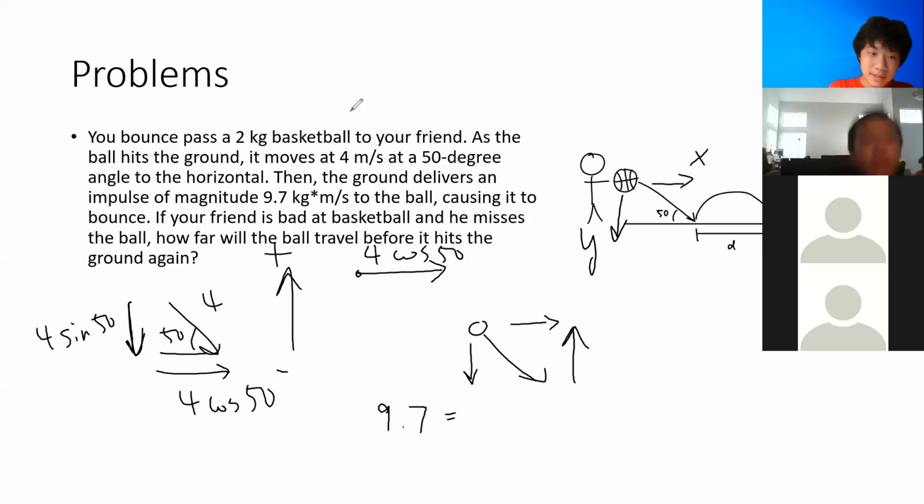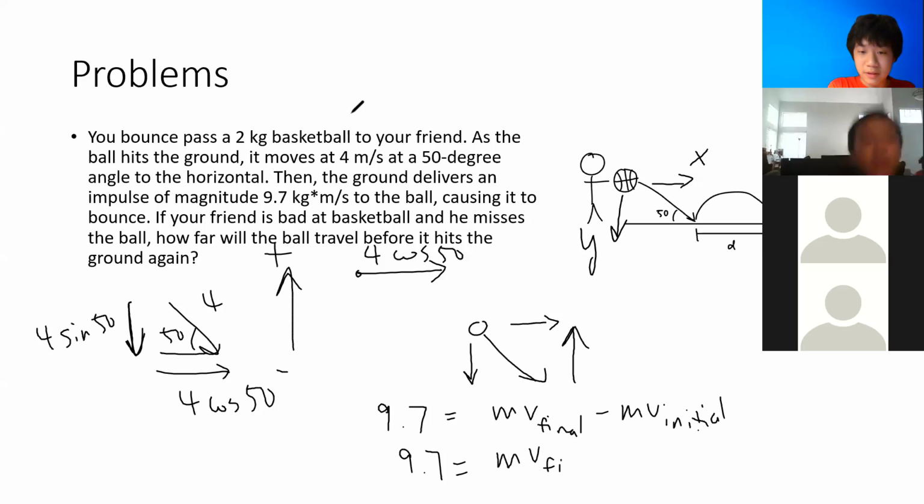So now it's going to be mv final minus mv initial. 9.7 equals, well, we're going to try to solve for mv final minus 2 times negative 4 sine theta, because it's going downward.